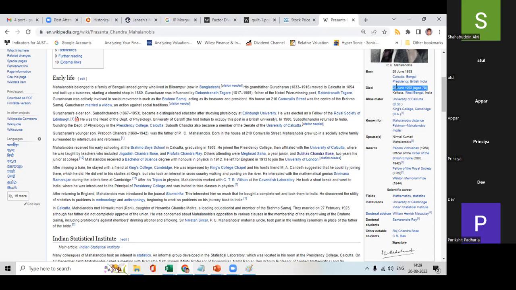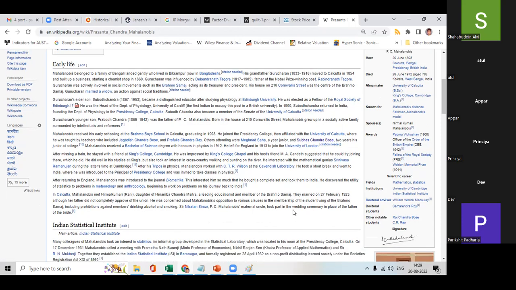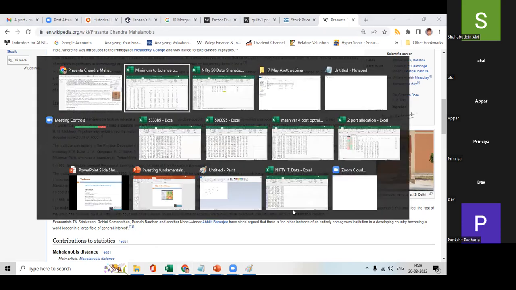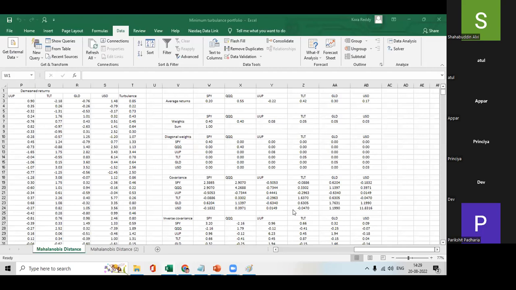Let me see if I can just pull it out from the net. I'll share it on the chat here, a snippet about him from the editorial. I don't read newspapers, so. Yeah, this is another way to do the asset allocation.